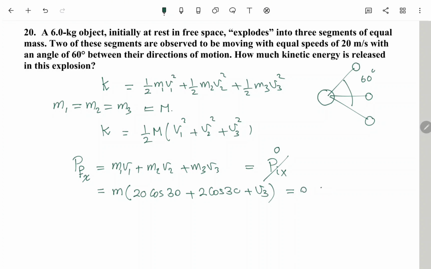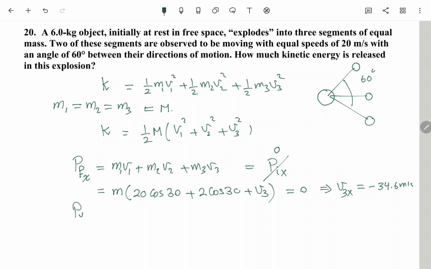From this, v3x equals minus 34.6 meters per second.